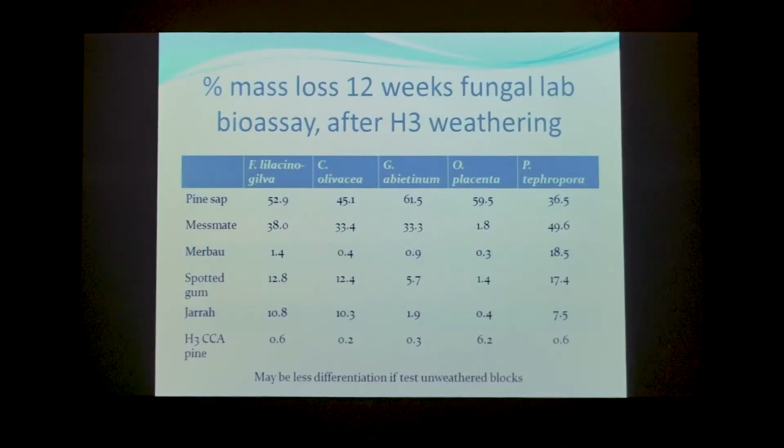That's just an example of a recent trial where I did one of these, and these blocks had been artificially weathered beforehand, and there's enough mass loss in there that you could look at variations to get some results. It's not much use if all the timbers that you expose all have less than 3% mass loss, for example. It won't tell you much.